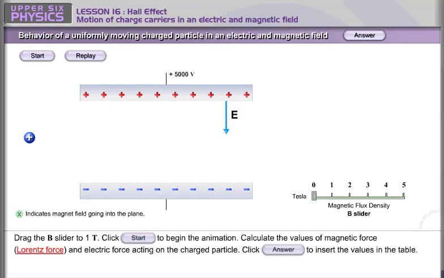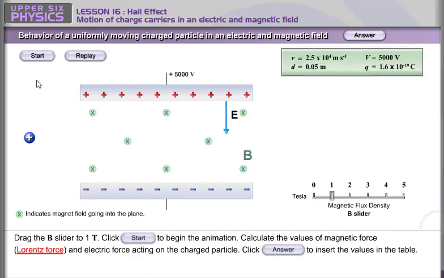Drag the B slider to 1 Tesla. Click the Start button to begin the animation.